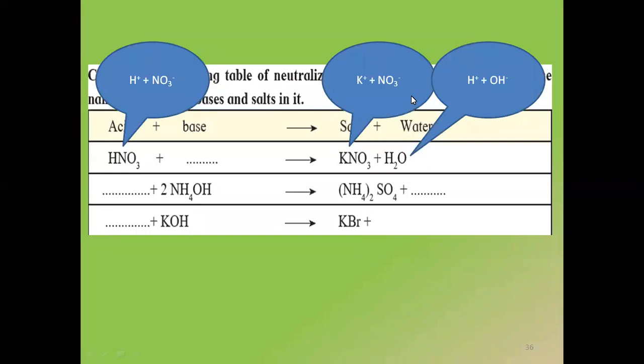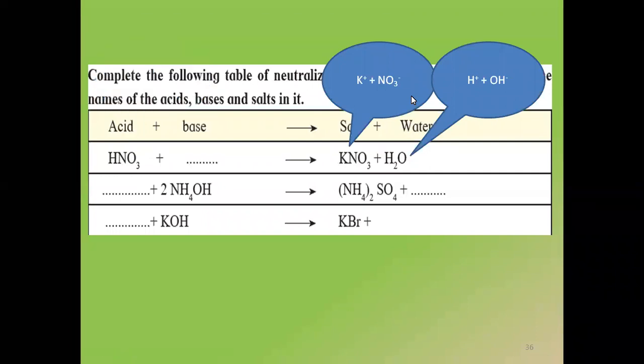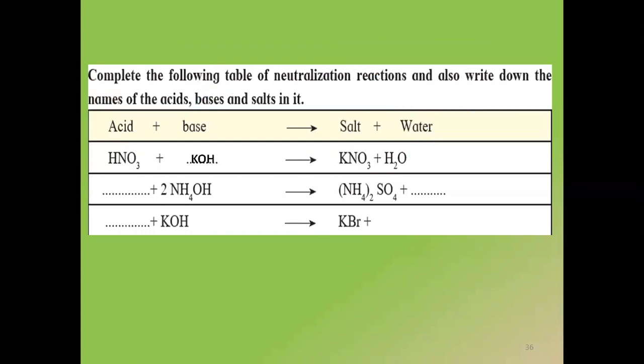So in the left hand side I have H plus, right hand side also H plus, मतलब वो दोनों तो हो गया. Left hand side I have NO3 minus, right hand side also I have NO3 minus, that is also done. What has not come is K plus and OH minus. So K plus and OH minus combined together to give me the answer as KOH.